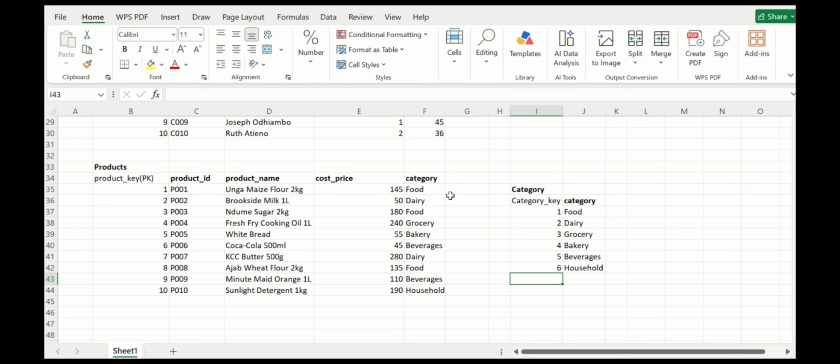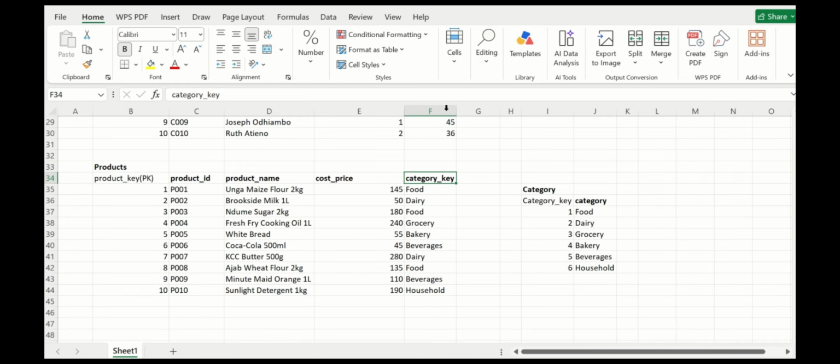Now we'll have to replace this category with the category key. So let's call this one key, category key. So here food is represented by 1.